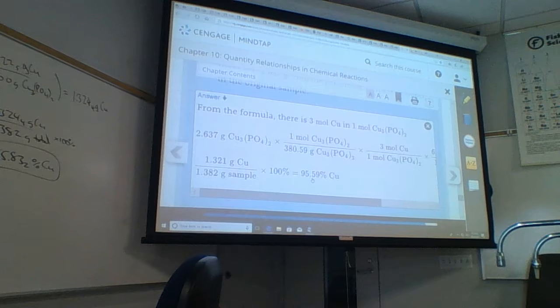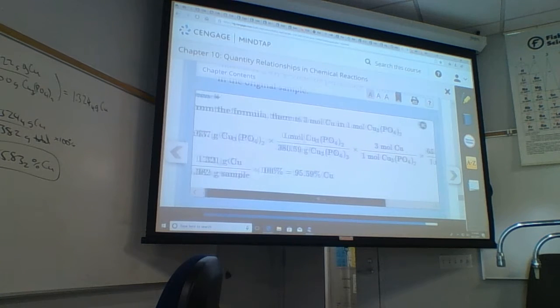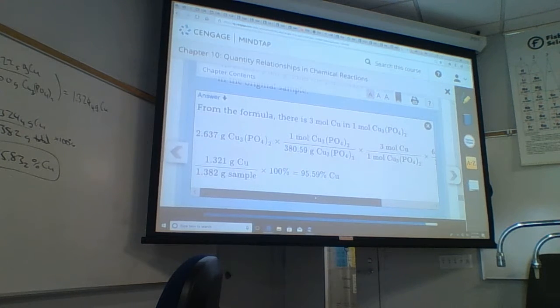95.59%. Why are we off? My molar mass is off. Your math is wrong. My math is wrong? Okay. What is it, the molar mass? 380? Yeah, 380. All right, I made a miscalculation here. But we're off. This is a little bit more than round off error.